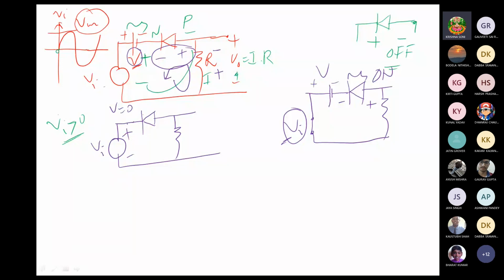And in the second case, we made Vi equal to 0 and saw the effect of voltage V. Actually, when we try to solve such diode circuits, we can do this. This is known as the superposition theorem. We take these sources one by one, see the response separately, and the responses can be added together to find the total response.